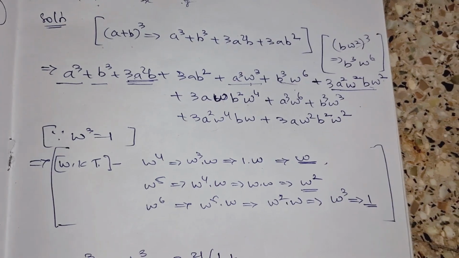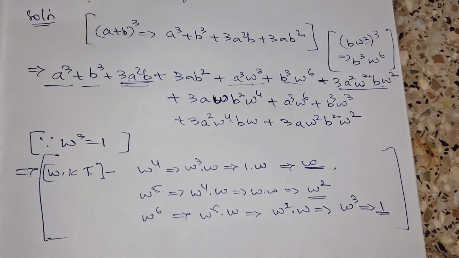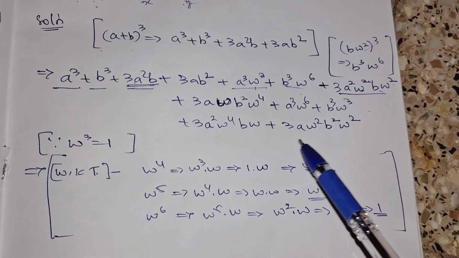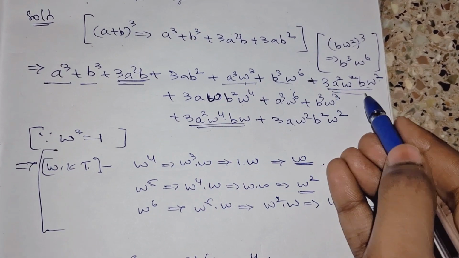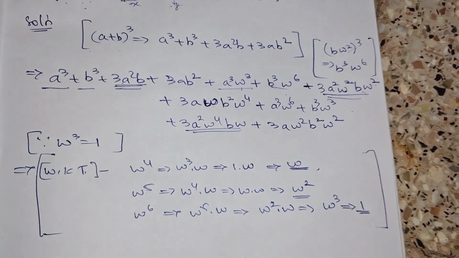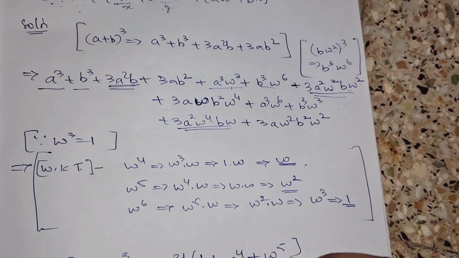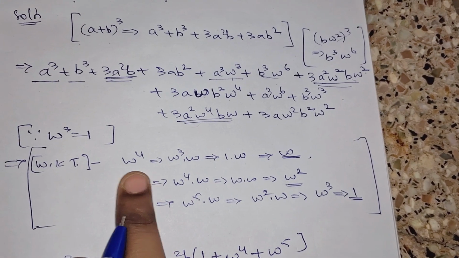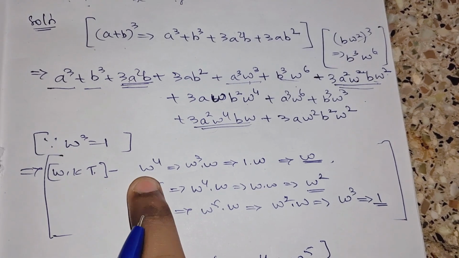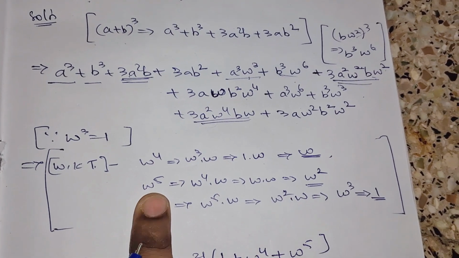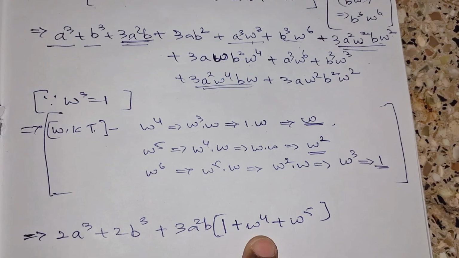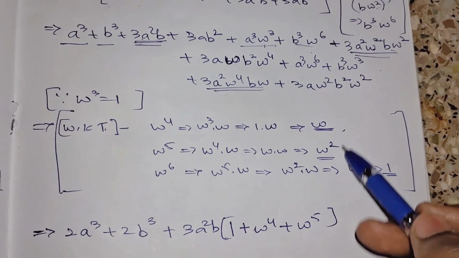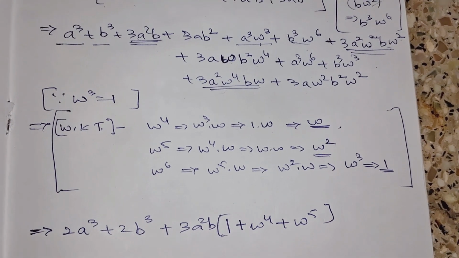Omega square into omega square is omega to the power 4. Then again a square b term, if we consider this term, omega to the power 5 will be left. That's the reason I have written what omega to the power 4 and omega to the power 5 are, because we can substitute them from here and then solve the problem.